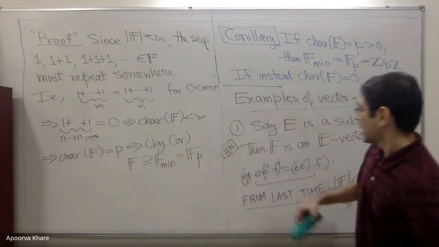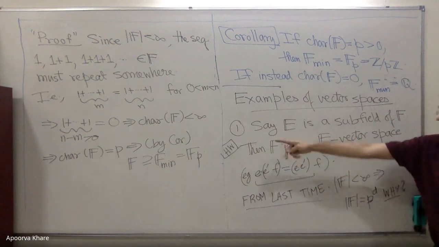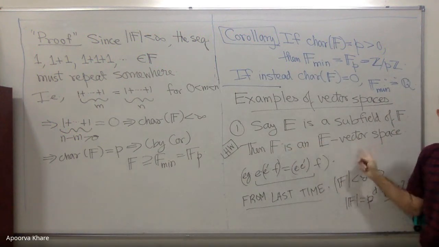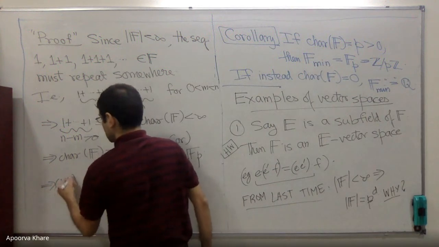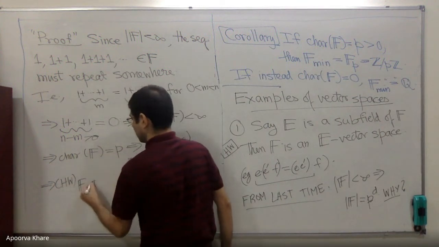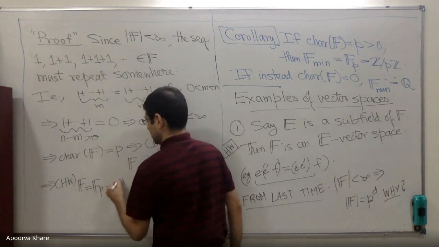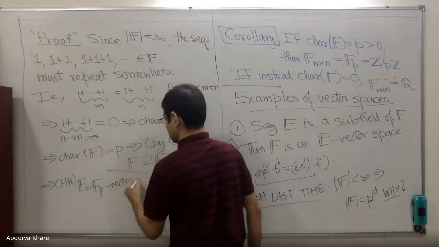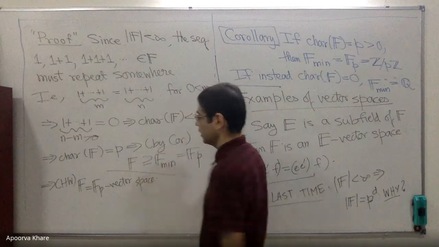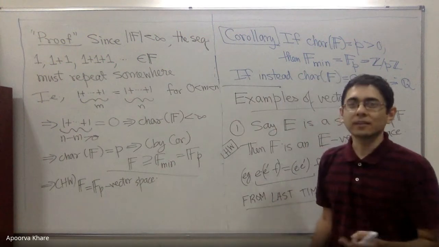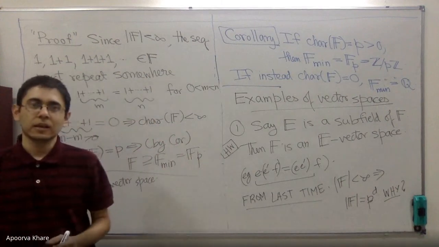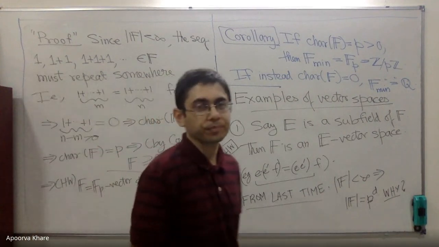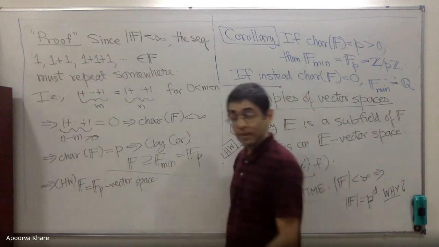Okay? And now I can apply this homework problem: if F contains Fp, then F is a vector space over Fp. And now comes the part that we haven't proved yet. Every vector space has a basis, and in this case, it has a finite basis.